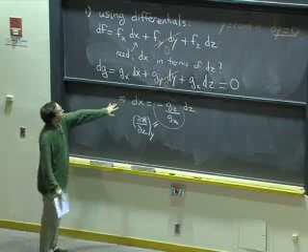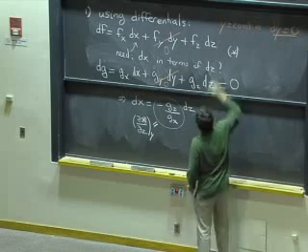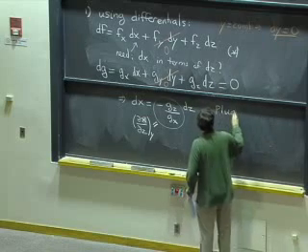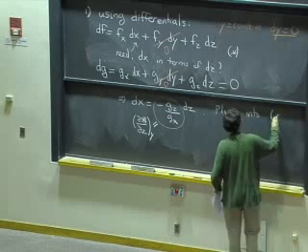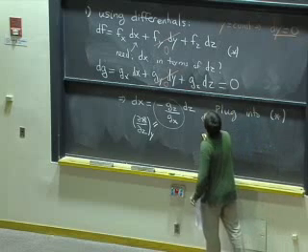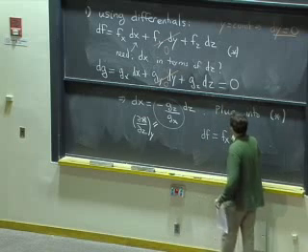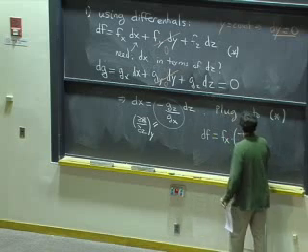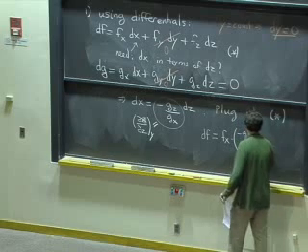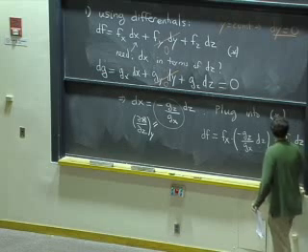So now when we know that, we are going to plug that into this equation. That will tell us that df is f sub x times dx. What is dx? dx is now minus g_z over g_x dz, plus f_z dz.